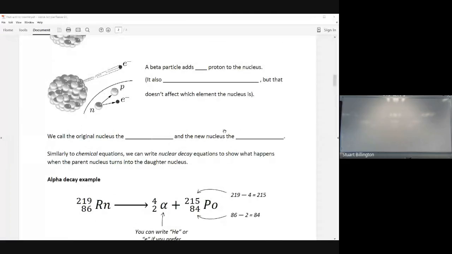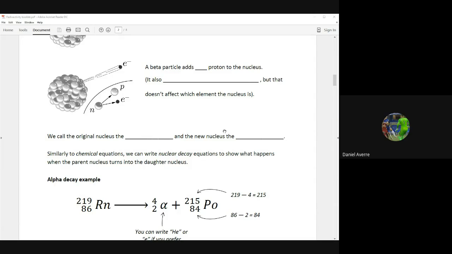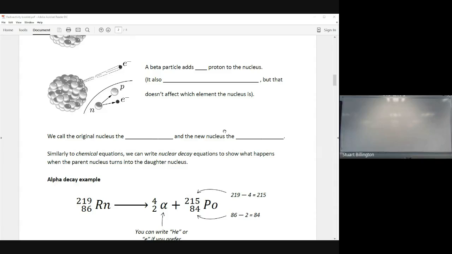Okay, so back to the top. A beta particle adds how many protons to the nucleus? Shout it out. Come on, you can do this. Is it 1? Very good, it is 1. A beta particle adds 1 proton to the nucleus.